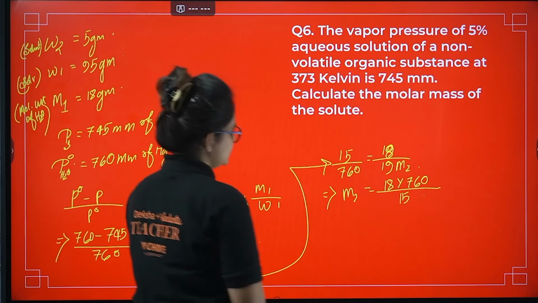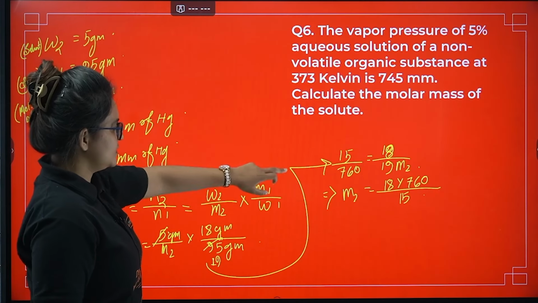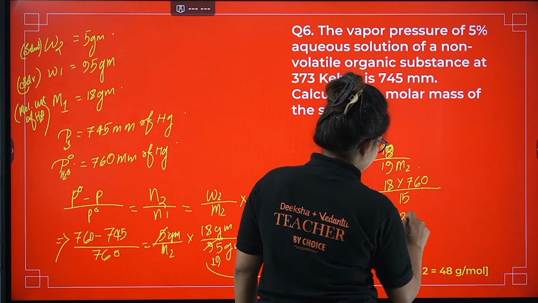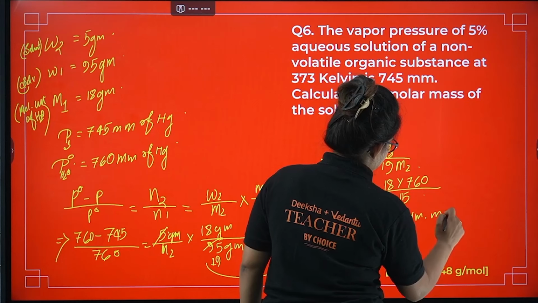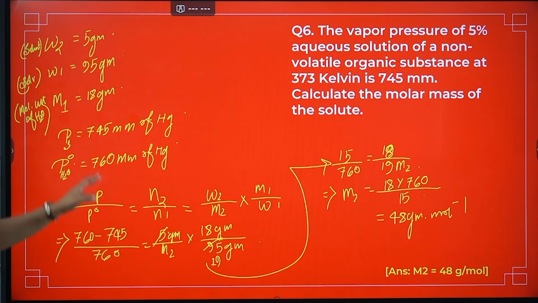If you do this calculation, you will get the molecular weight of the solute. It's going to be 48 gram per mole. That's it. I guess this is clear to you.